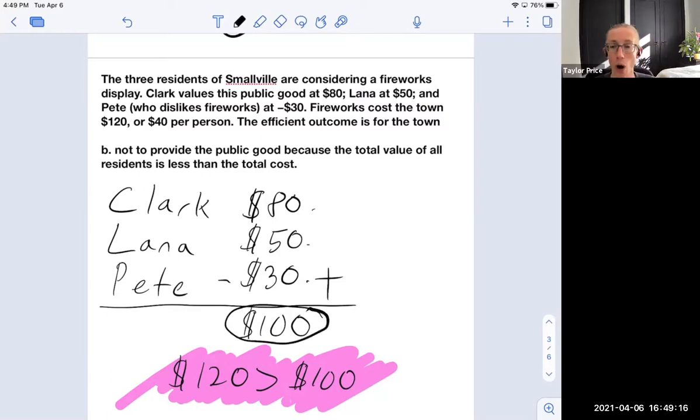And so all we need to do is just say, is 120 greater than, equal to, or less than 100? Because 120 is greater than 100, that means that the fireworks are not an efficient use of the town's funds because the costs of the fireworks outweigh the benefits to the residents.